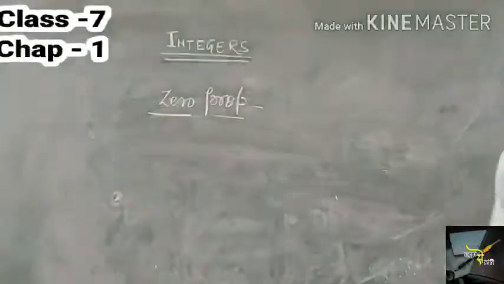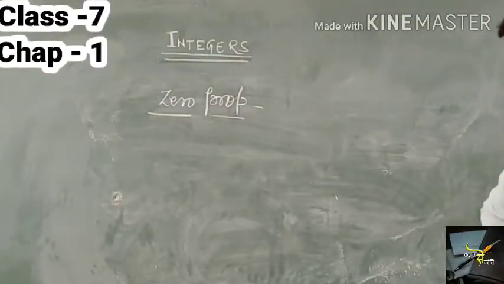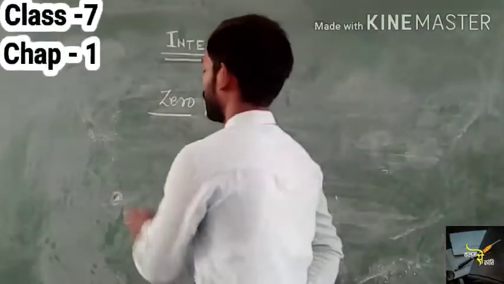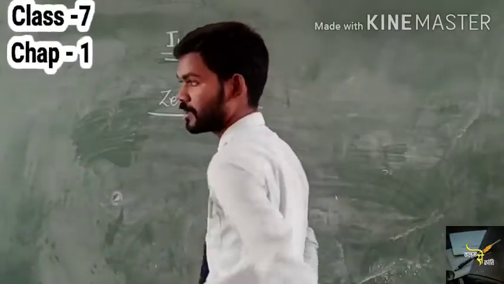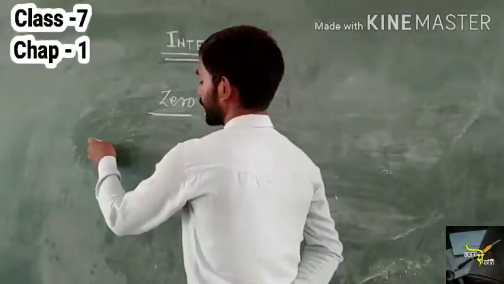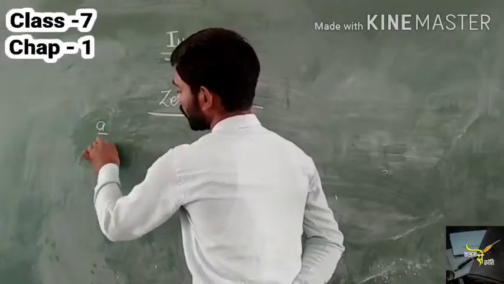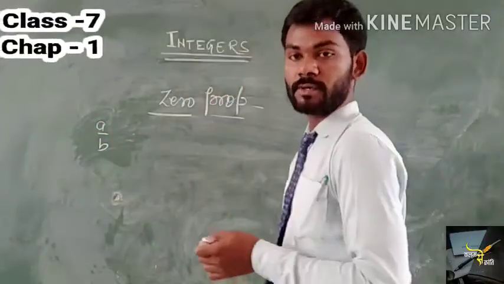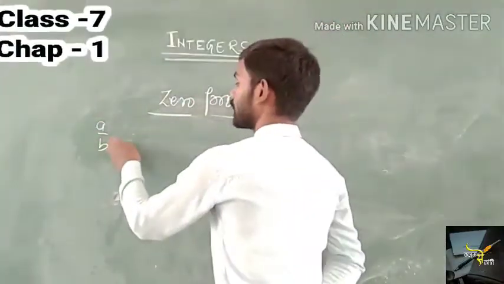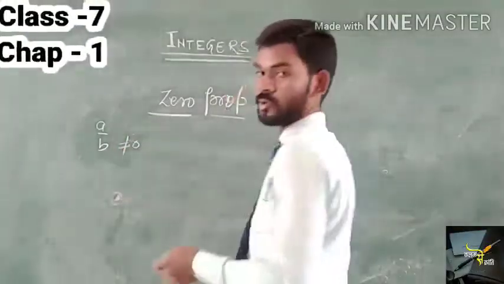What is the zero property? Since we know, as we have discussed in rational numbers, the divisor, that is the denominator, if a upon b is a rational number, then b is not equal to 0.